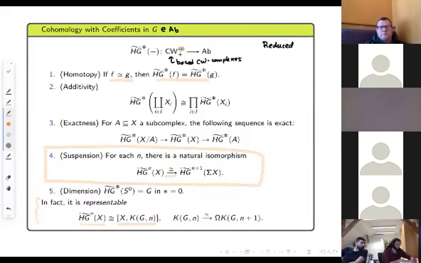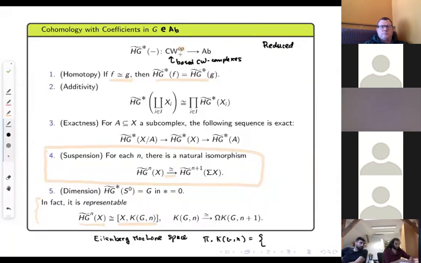K(G,n) is an Eilenberg-MacLane space, and its defining property is that it has one homotopy group, in degree n. We'll see a bit more in two slides.